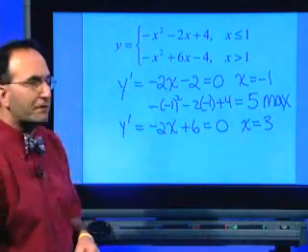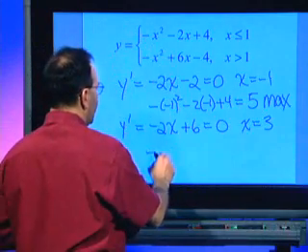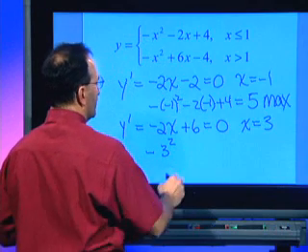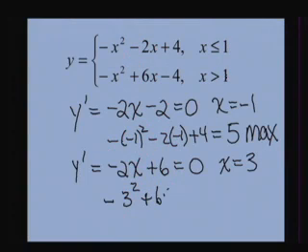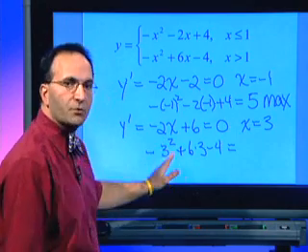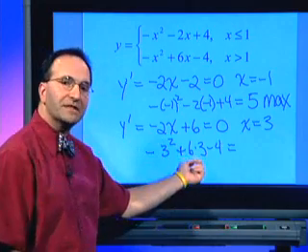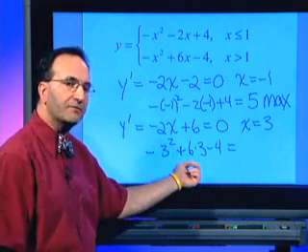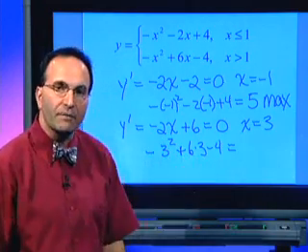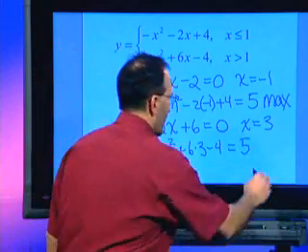And when we plug 3 back into this equation, we get negative 3 squared plus 6 times 3 minus 4. So negative 3 squared is only the 3 is squared, so that's 9, and it's negative 9 plus 6 times 3 is 18. So negative 9 plus 18 is 9, and then subtract 4 from 9, and we get 5. Which of course means that that also is a max.